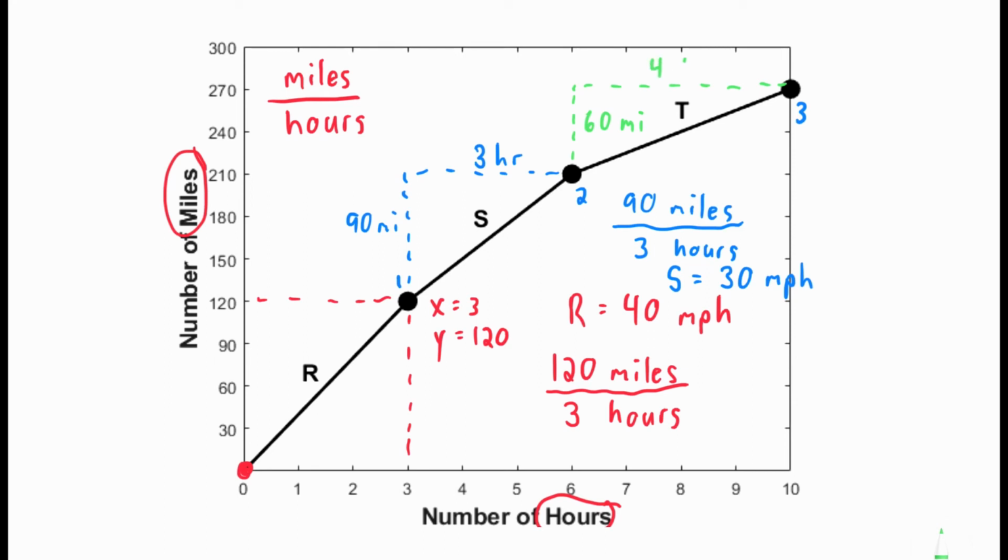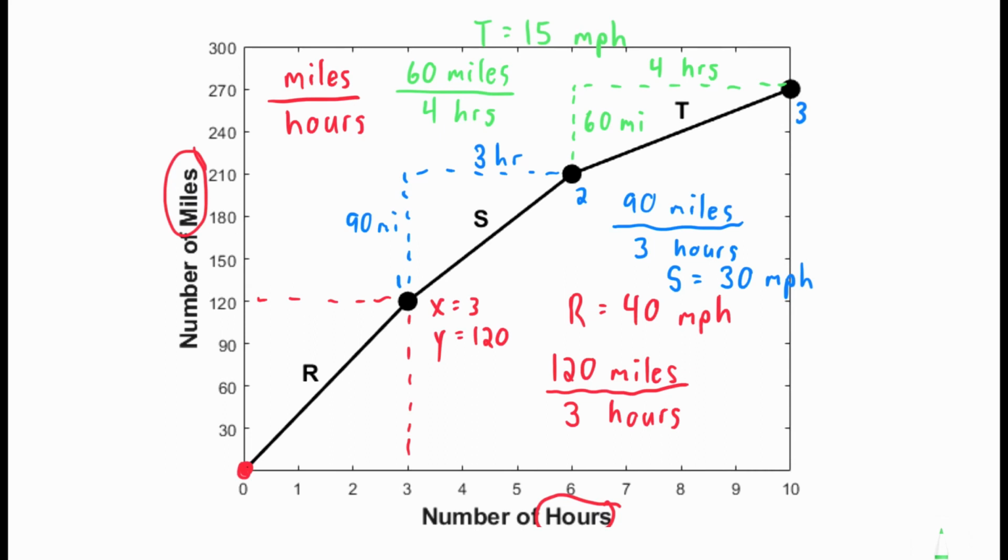So it's 4 hours. So for part T, our slope is 60 miles divided by 4 hours, which is 15 miles per hour.